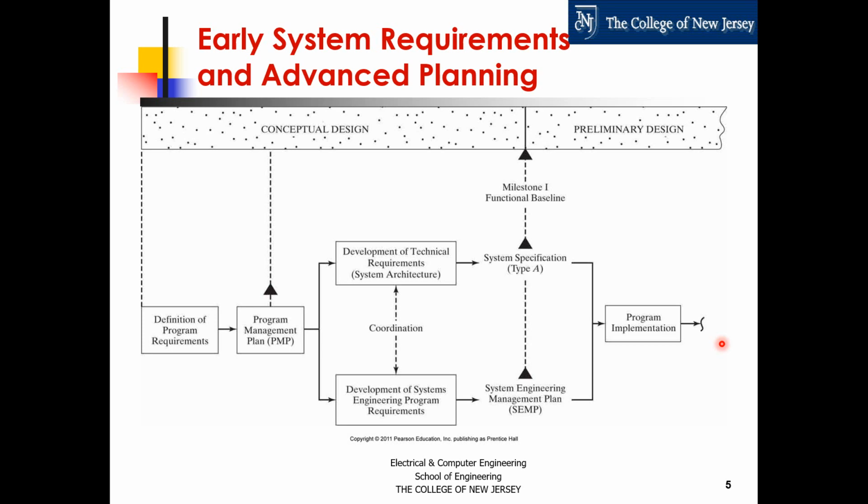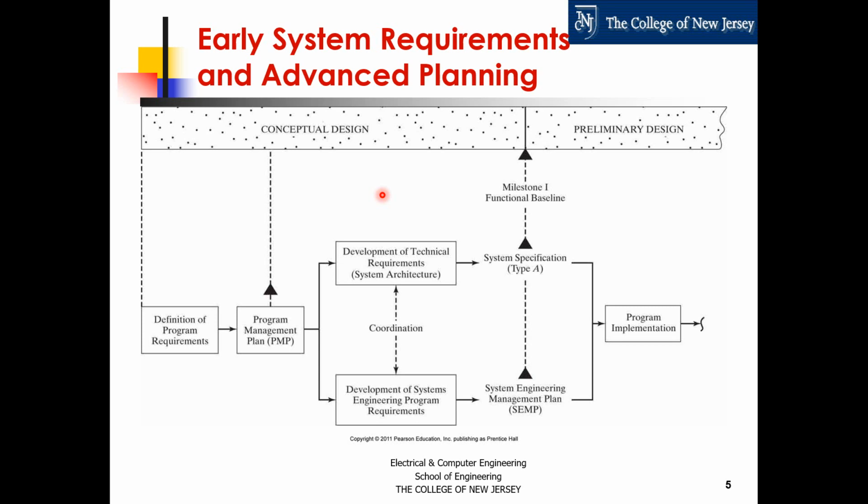But the path that we care about, that we're going to be emphasizing and diving into, is this top box over here. We're going to spend a lot of time in this top box, which is the development of technical requirements that eventually will lead to a system architecture that is both logical or functional and geographical or physical in nature.